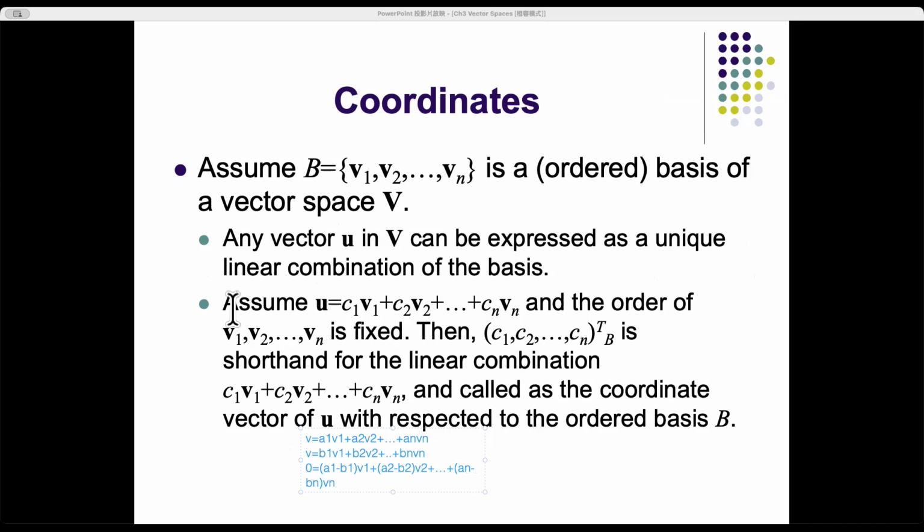And then, assume u equals C1 V1 plus C2 V2 plus ... plus Cn Vn, and the order of V1, V2, Vn is fixed.